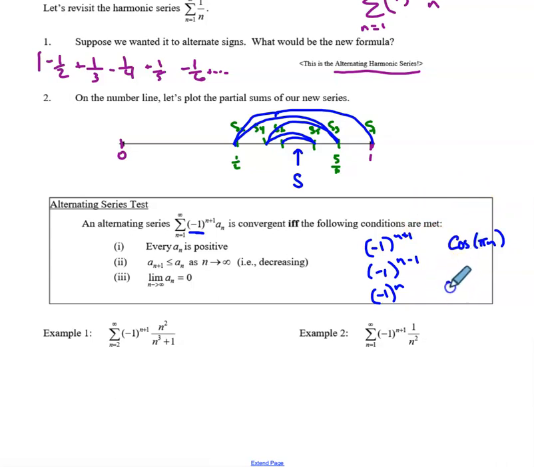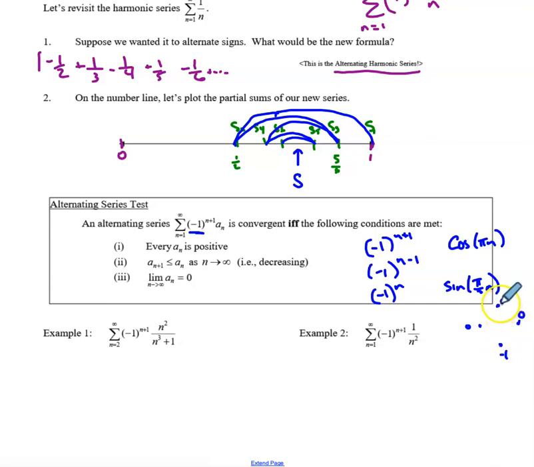People often ask me, what about sine of pi over 2n? And that is not an alternator in the sense that we are going to use, because if n equals 0, we have sine of 0. If n equals 1, we have a 1. If n equals 2, we go to 0. If n equals 3, we go to -1. So you go in this rotation from 0 to 1 to 0 to -1.